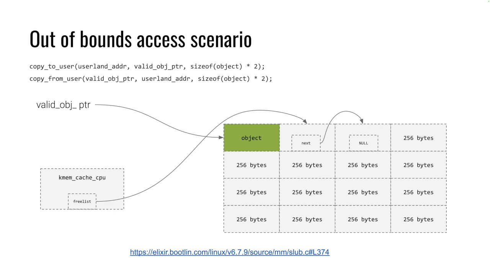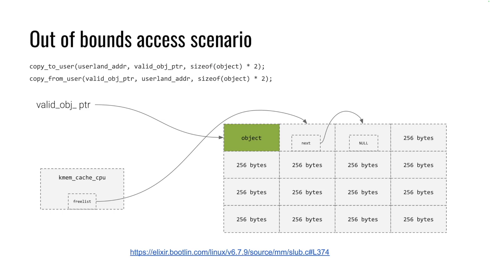Well, the way that data is typically transferred from userland to the kernel or from kernel to userland is via the functions copy to user or copy from user. And so what if this object is supposed to be, in normal functionality, copied to userland or copied from userland to the kernel?